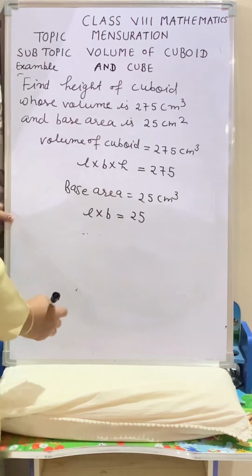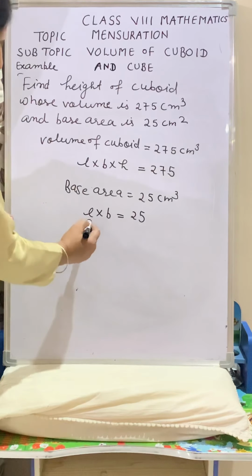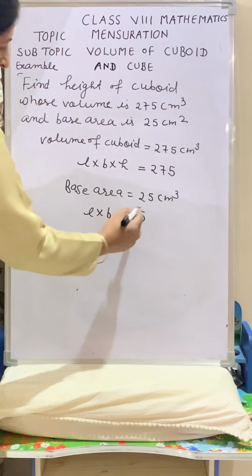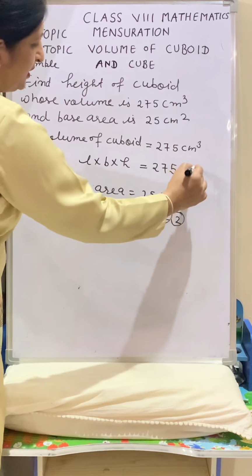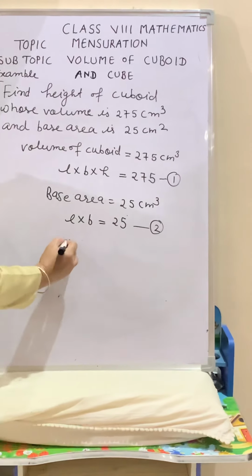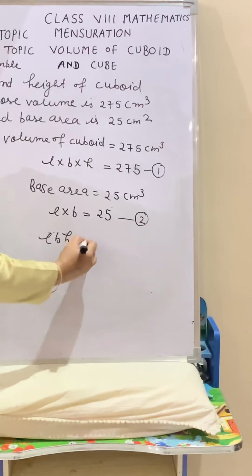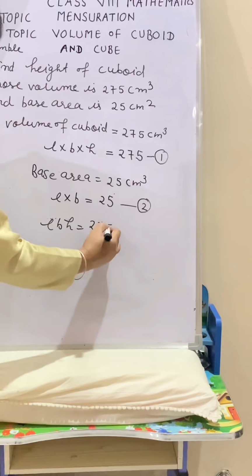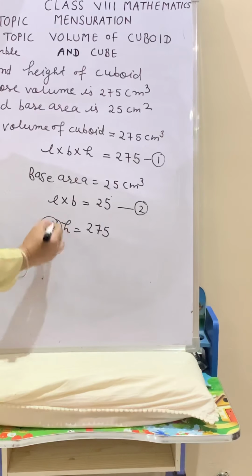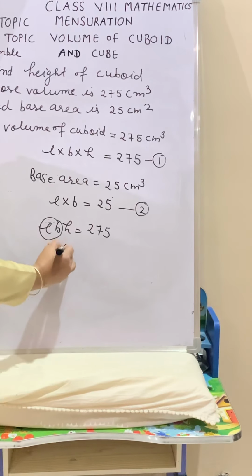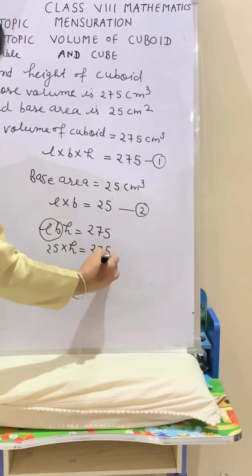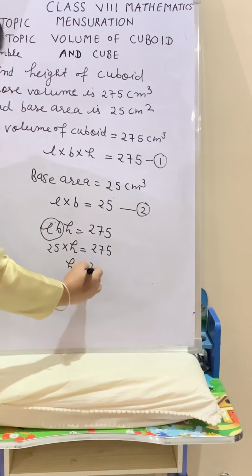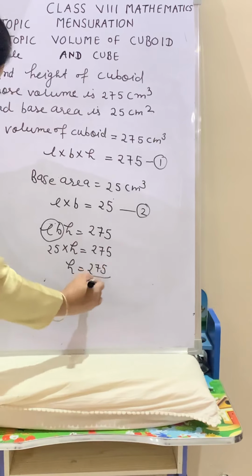It is given. Put the value of LB from equation number 2 in equation number 1. LBH is 275. What is the value of LB? It is 25. It means 25 multiplied by H is equal to 275. H is 275 by 25.